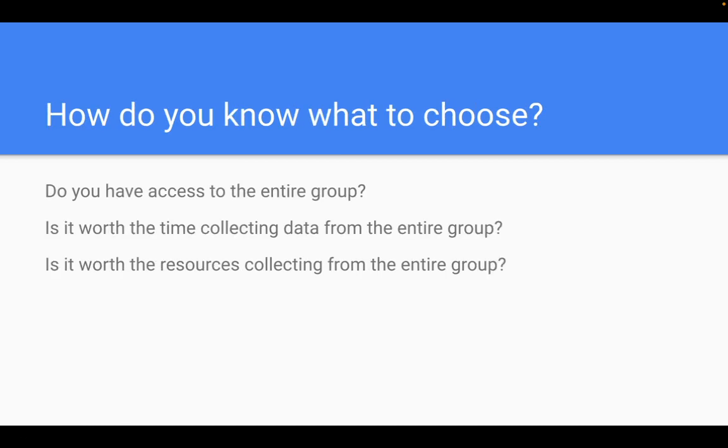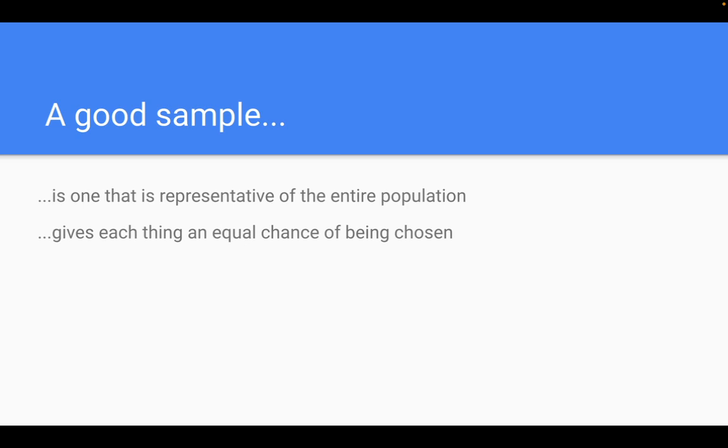All right, so how do you know what to choose? A couple of questions you have to ask yourself. Do you have access to the entire group or the entire population? Second question, is it worth the time collecting data from the entire group? And is it worth the resources to collect data from the entire group? So next thing is, do you have a good sample? A good sample is one that is representative of the entire population, and it gives each thing an equal chance of being chosen.